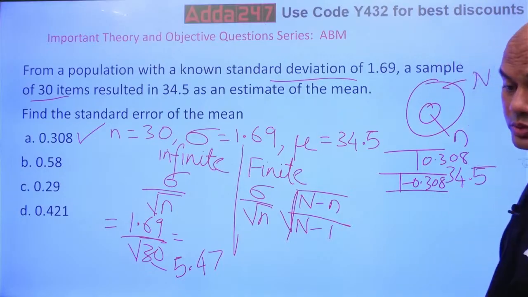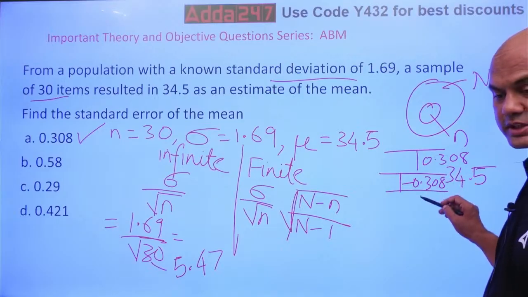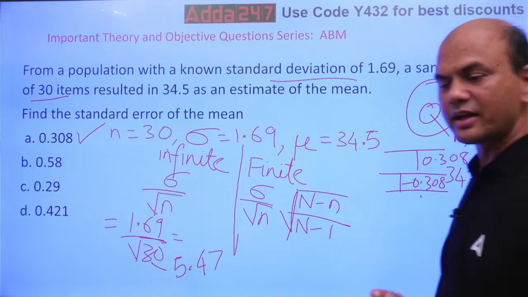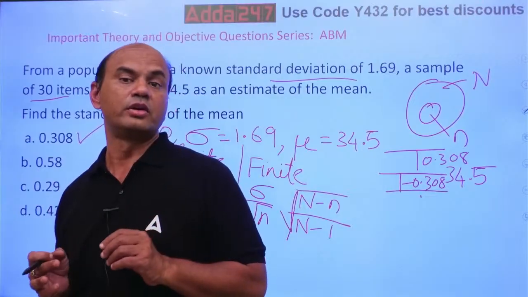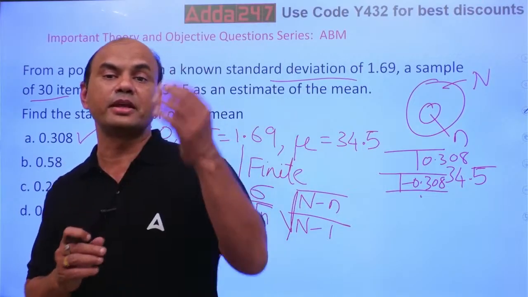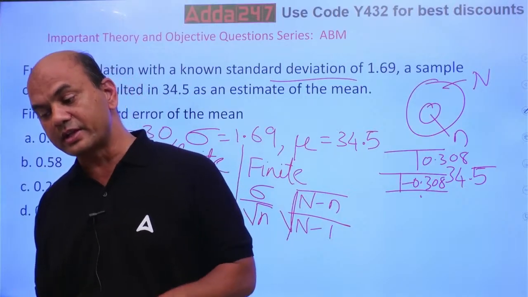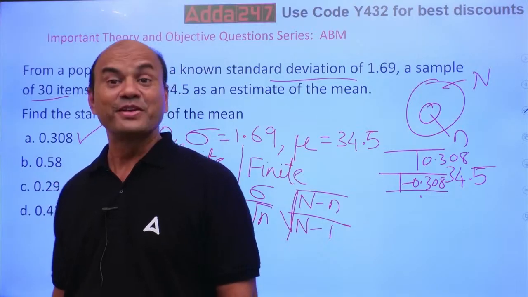If they ask you for two standard errors, just multiply this by 2, and add and subtract. So standard error means your standard answer, plus something, minus something, maxima and minima. Never forget this, it's maxima and minima. Okay? So that was the answer.